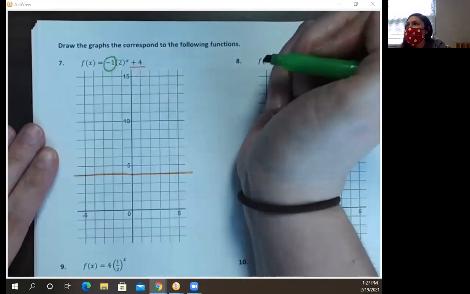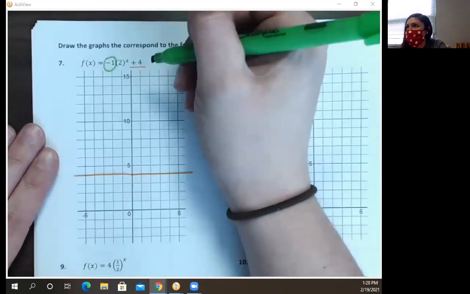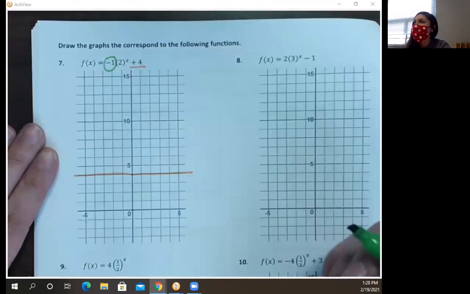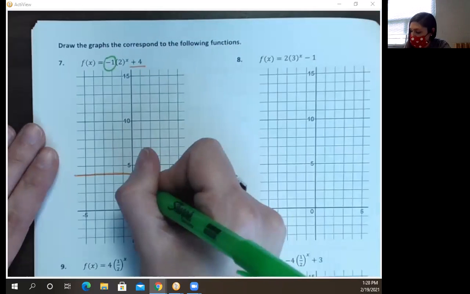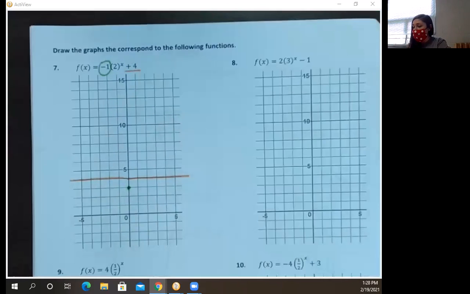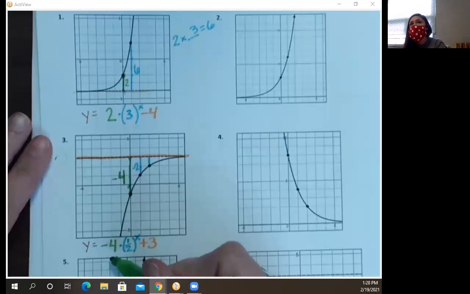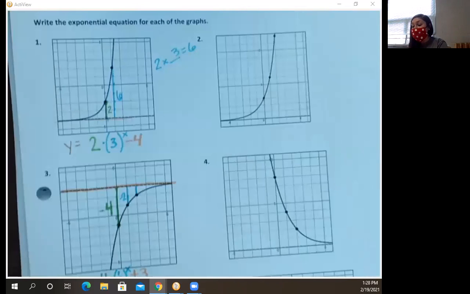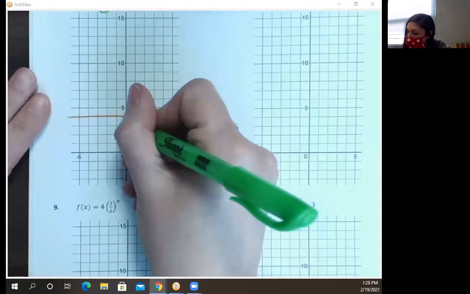How far away is that y-intercept from our asymptote? So this is a -1. So that means my y-intercept is going to be 1 point below my asymptote. Just like that last example we looked at. We were below, and we said that was a -4. Same idea here. Since I'm seeing a negative number, that means I want to put my y-intercept below my asymptote.